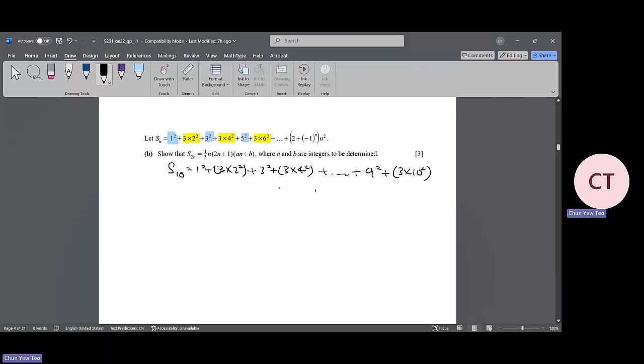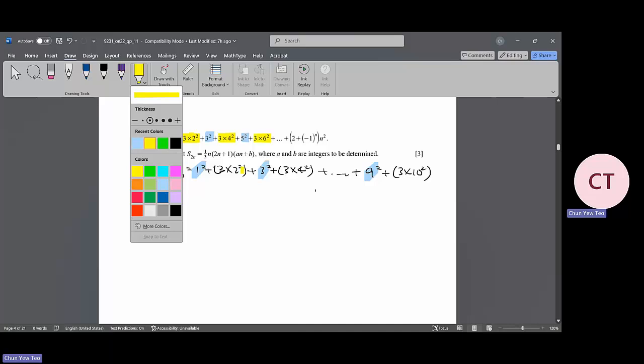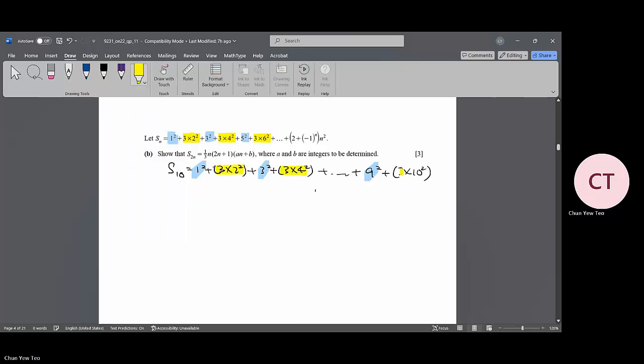If you follow the pattern, the odd numbers will be like this and the even numbers will be like this. So what we need to do over here is look at them in such a way that we borrow the 2 squared, and we write it like this, plus 9 squared plus 10 squared.